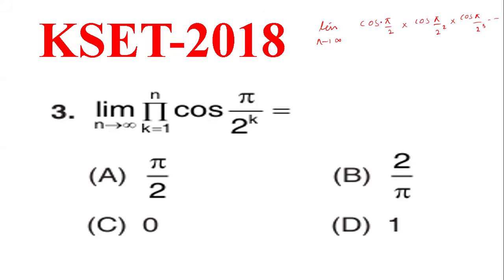We know the value of cos of pi by 2 is 0. 0 into anything, cos of pi by 2 square and so on, the value is 0 as n tends to infinity. Therefore, option C is the right answer. Simple question.